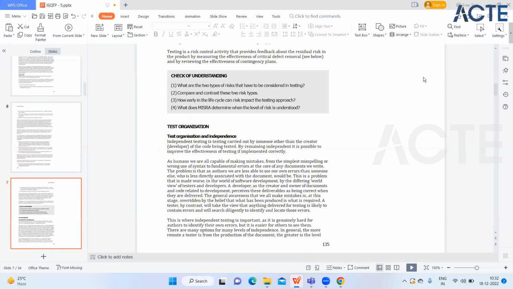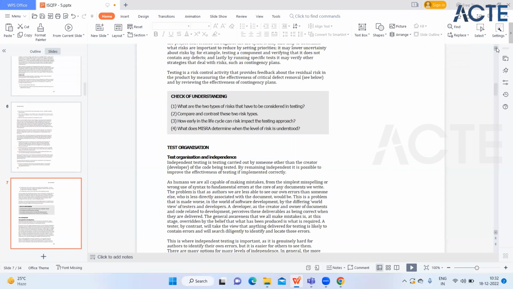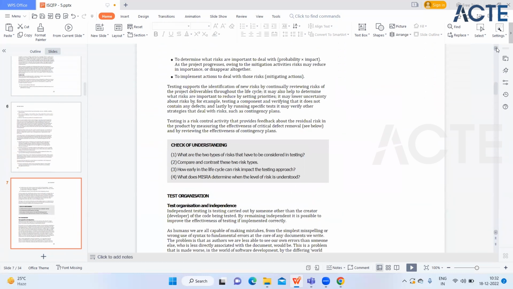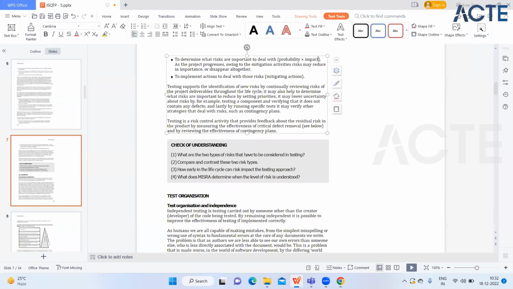Now here they are defining more points, like to determine what risks are important to deal with: probability into impact. This is the formula which we are using to check the level of risk. So just remember this as I explained. As the project progresses, owing to the mitigation activities, risk may reduce in importance or disappear altogether.